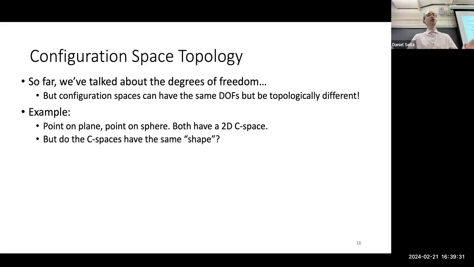But do they have the same shape? You have a plane and then you have a sphere. Maybe you have some intuition here, but it somehow feels that a plane and a sphere are topologically different.